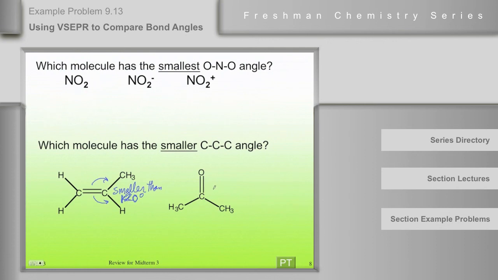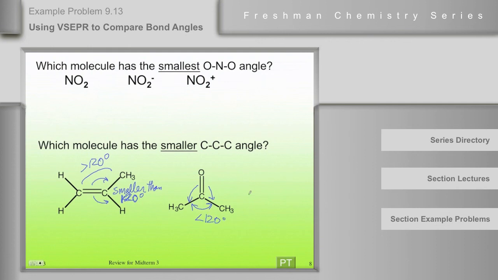Now, if this is smaller than 120 degrees, then this angle is going to be greater than 120 degrees. Everybody see that? Okay. Now over here, the double bond is going to repel these 2 single bonds and make this angle less than 120 degrees.